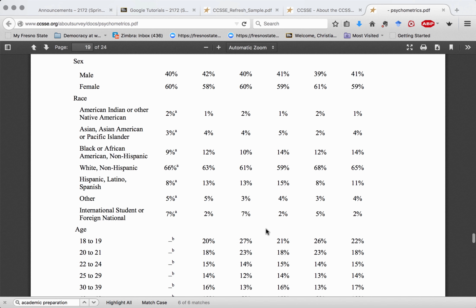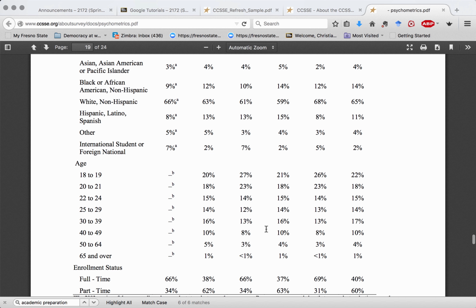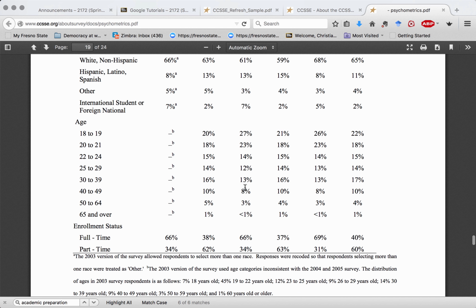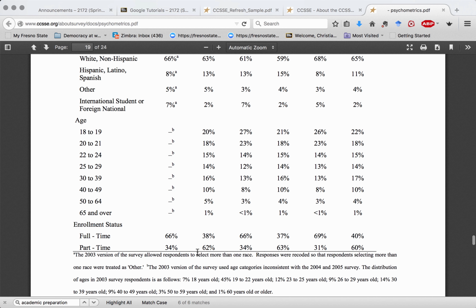So you could say, okay, maybe this survey is not that suited for California, who knows? Then also the age distribution, maybe you have a population that's a little bit older, or maybe they're even younger, depends. Then also enrollment status, what is your distribution there?